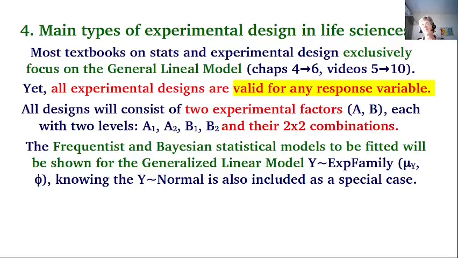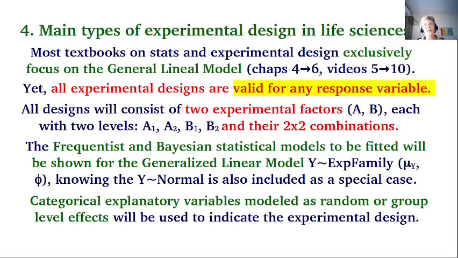The exponential family is characterized by a mean and a dispersion parameter whose meaning changes from one distribution to another. We should recall that the normal distribution is one special case of the exponential family, and therefore one special case of the generalized linear model.